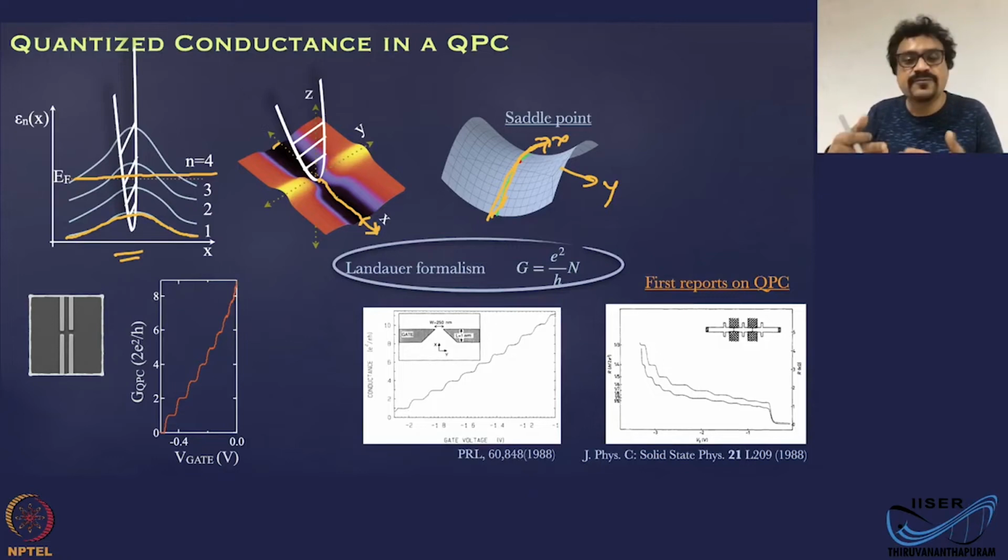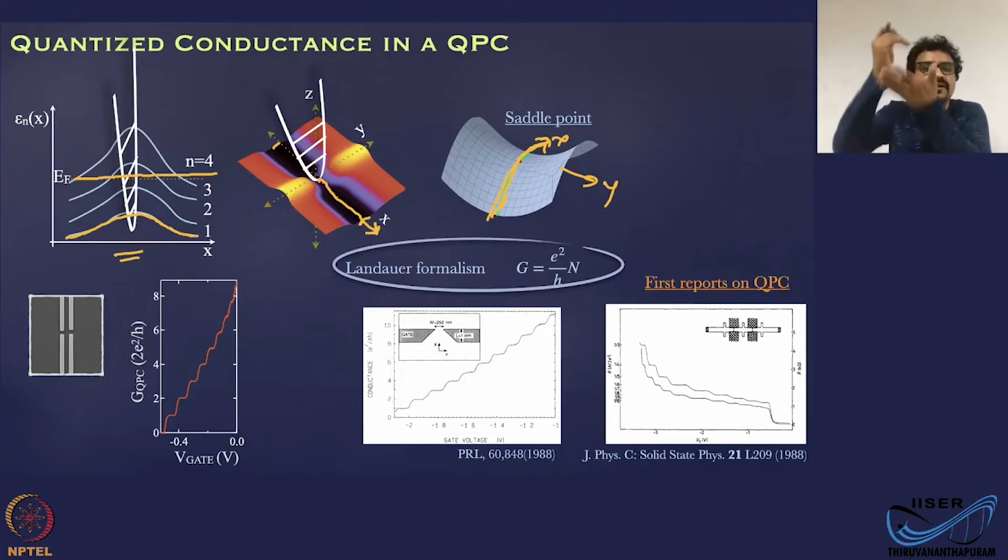When you make the gate voltage negative, you push the parabola up and the levels will escape one by one. So you will have fewer and fewer levels or channels for transport.